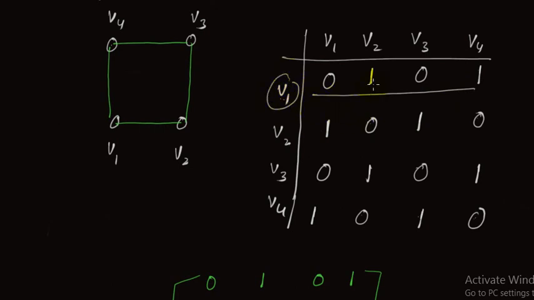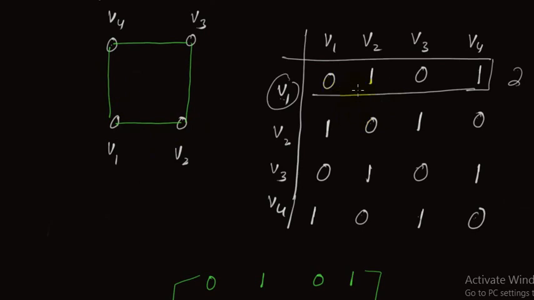If I add all the values in row 1, here I get 2 as the answer. 1 plus 1 is 2. So the sum of entries of a row gives information about the degree of vertex V1. This is our vertex V1. So clearly vertex V1 has degree 2, there are two vertices which are adjacent to V1.